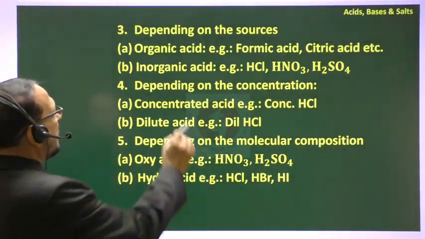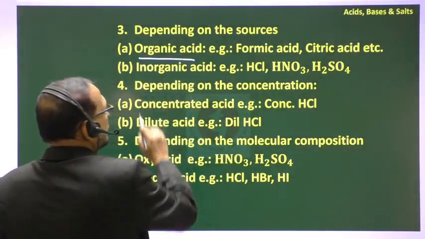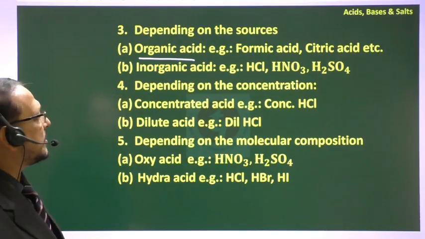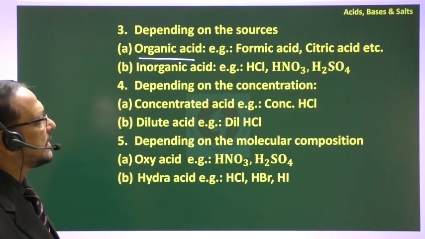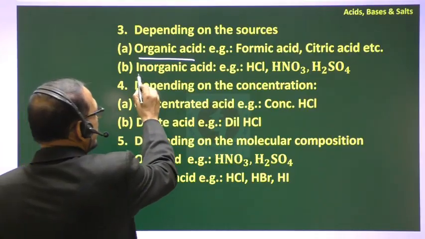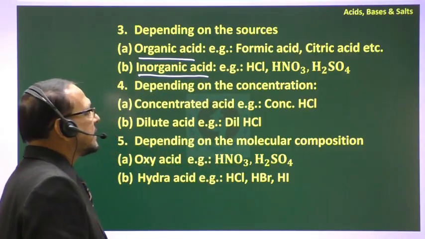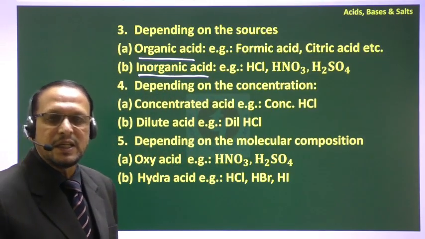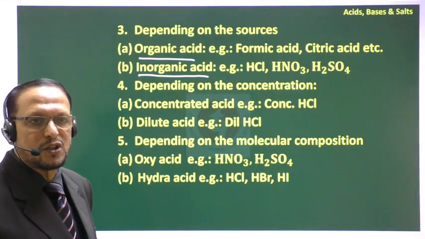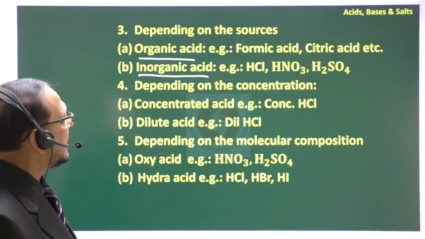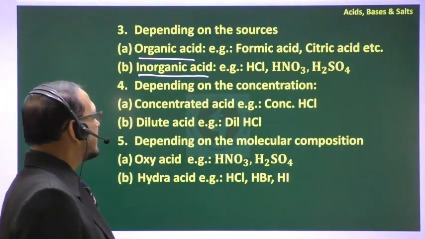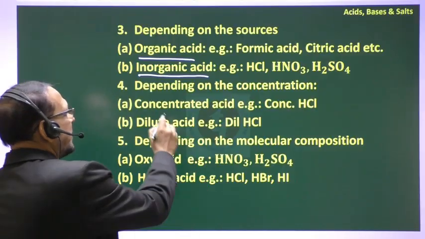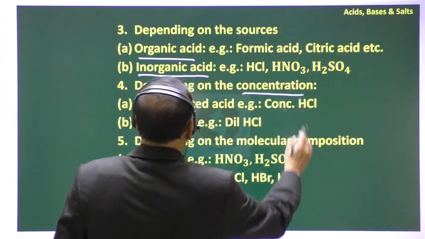So organic acid I have already explained. When the source of acid is plants and animals, then it is organic acid: formic acid, citric acid, etc. When the source of acid is minerals, like rock salt, etc., then it is an inorganic acid. The next classification is depending on the concentration.